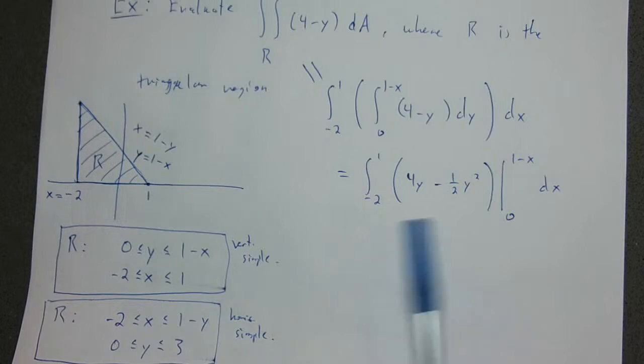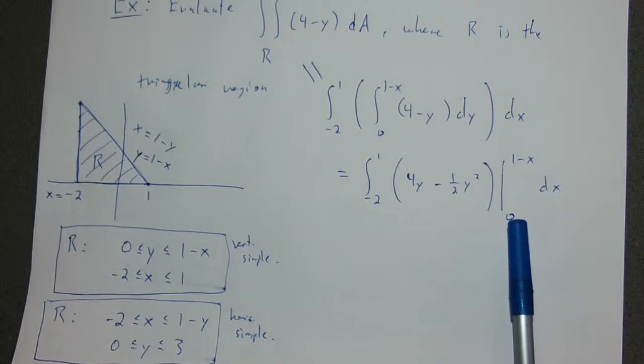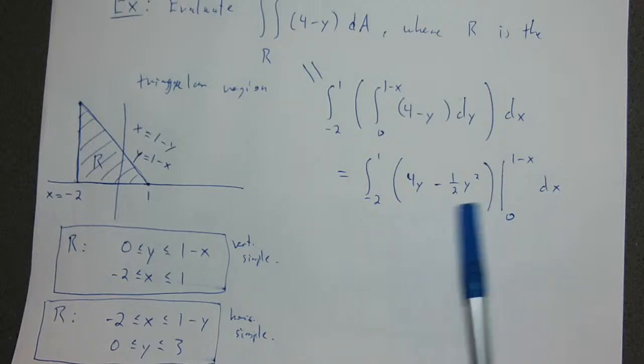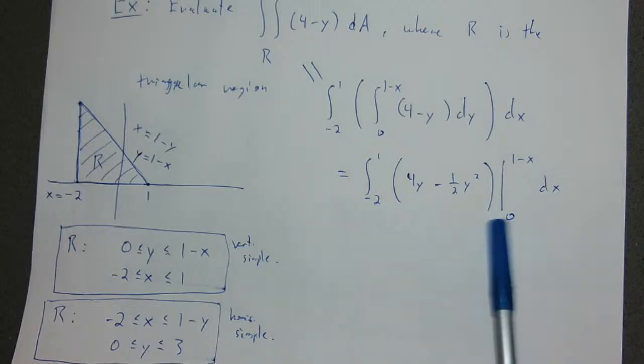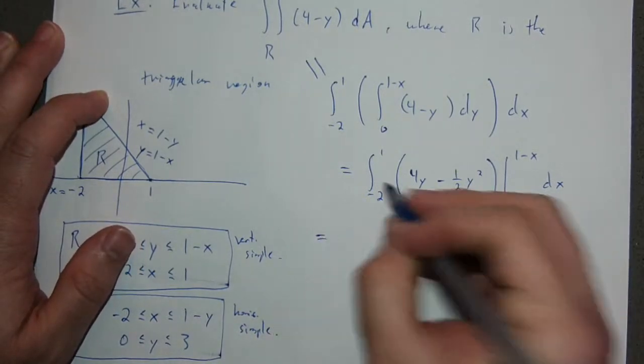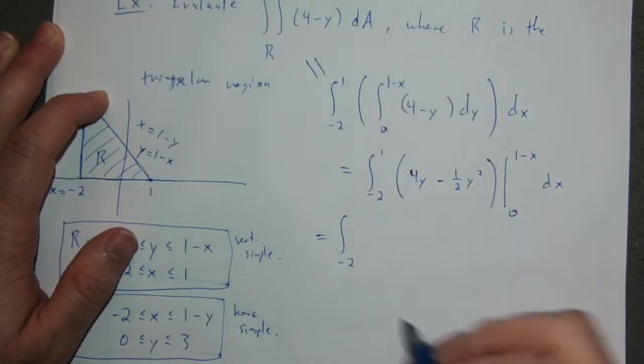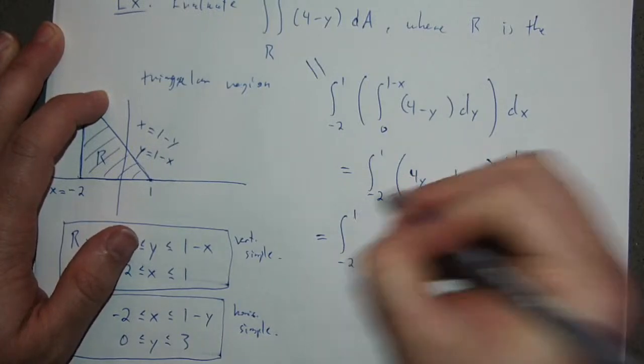Again, this is a polynomial, and every term in it involves a y, which means evaluating at 0 means plugging in 0 into multiple terms, so I'm not going to get anything from that, but I'm going to write it out at this point. Later we will ignore that, but I'm writing it out just so that you see how this works. We're not always going to be so lucky as to have a lot of 0 bounds.